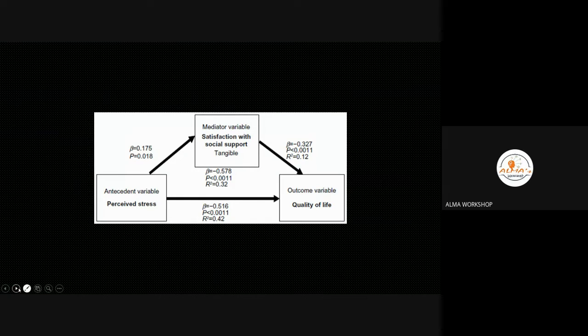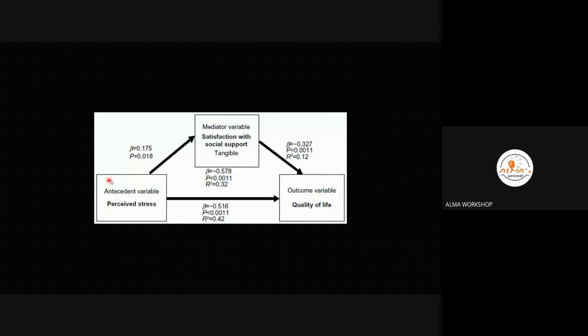I have some more examples for you: perceived stress and quality of life. If you have more stress, there is stress for you to sit in the class from 7 to 8 for research methodology. So stress is there, and your quality of life is affected, home life is affected. So that is an outcome variable.